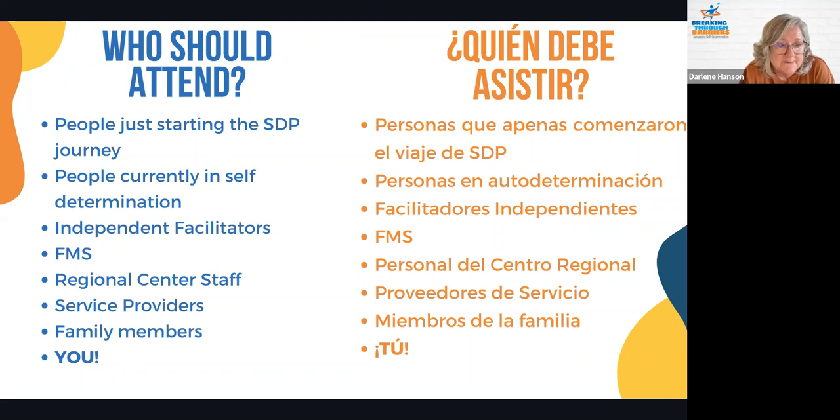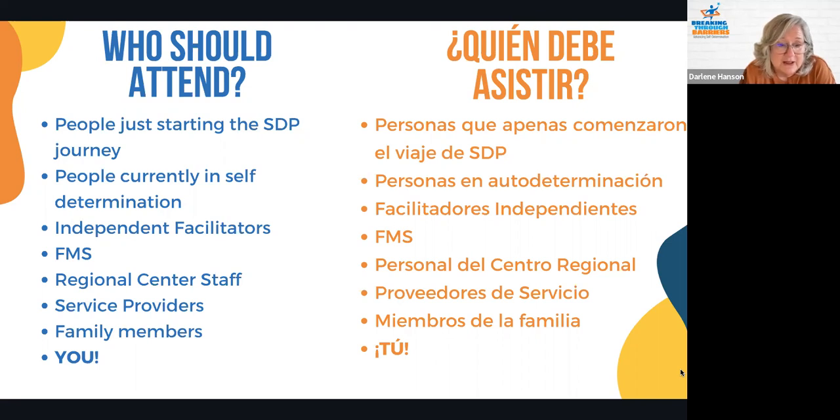So if you're an FMS and you want to hear from the constituents, or if you are thinking about FMSs, there are going to be those conversations. Regional center staff, of course, keep everybody informed. If you're a service provider, some people have agencies that are working for them, and some people are an agency that is supporting.